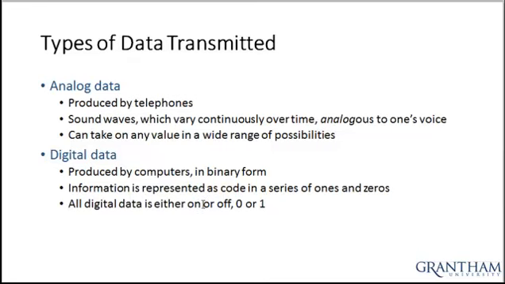The types of data transmission that are available are analog and digital. Analog is used for telephone communication and sound waves, and it is analogous to, say, voice.